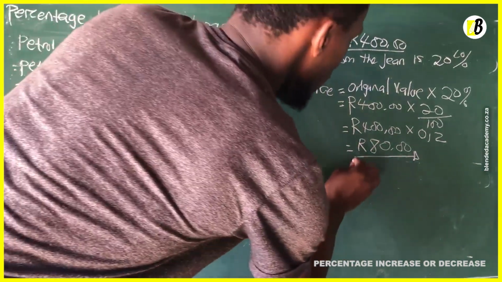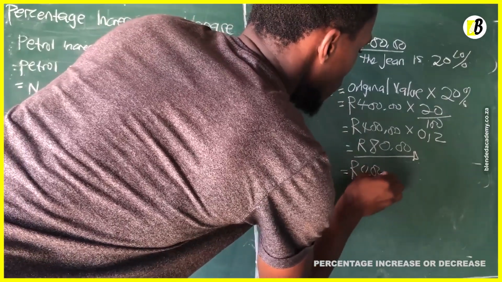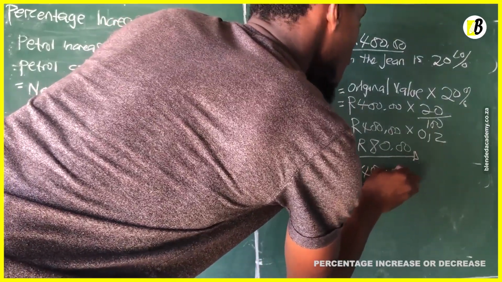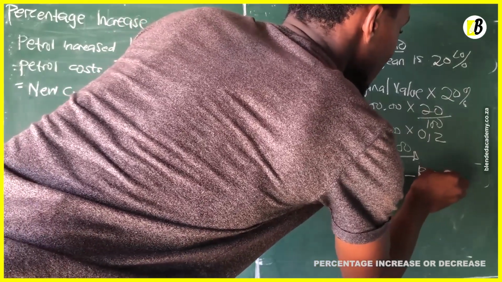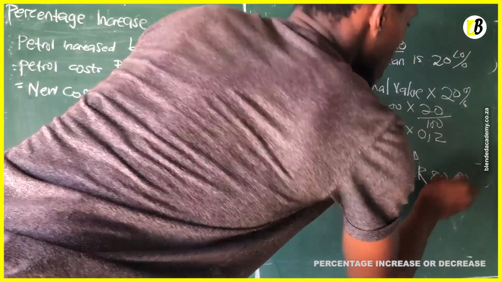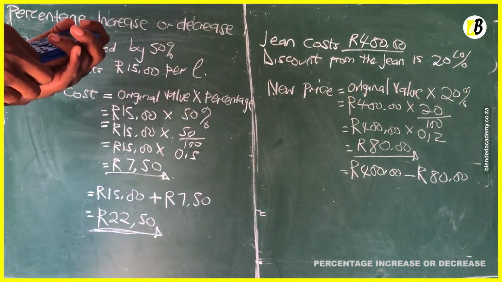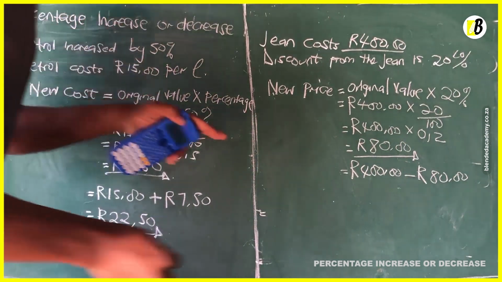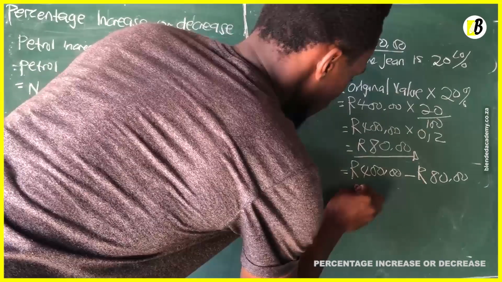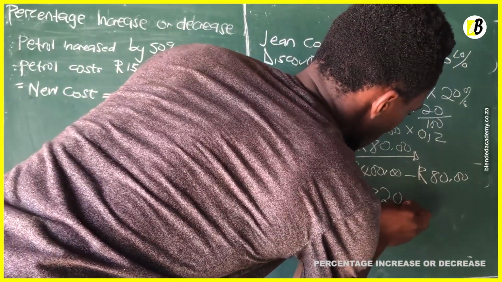It's going to be the original value, which is 400, minus the discounted value of 80 rand, right? So it's going to be 400 minus the discounted value of 80 rand, and that gives us 320 rand.